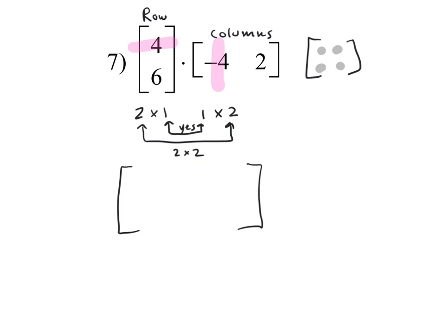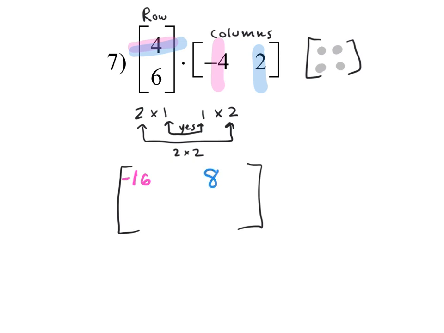First row, first column, so 4 times -4, which is what? -16. And then what do we do next? 4 times 2, which is what? 8.